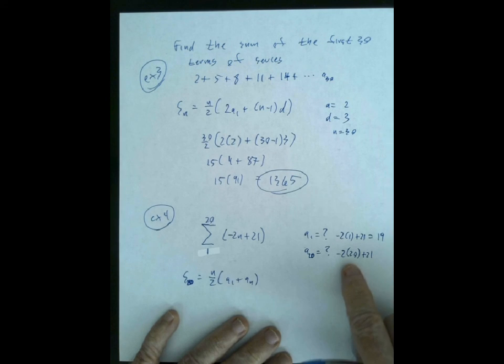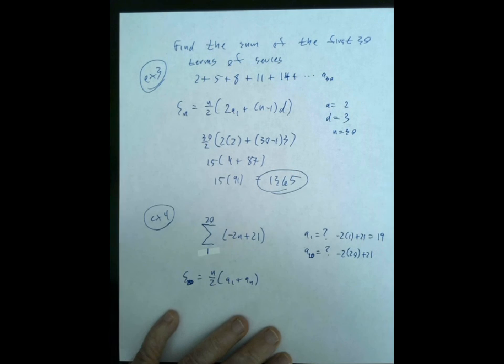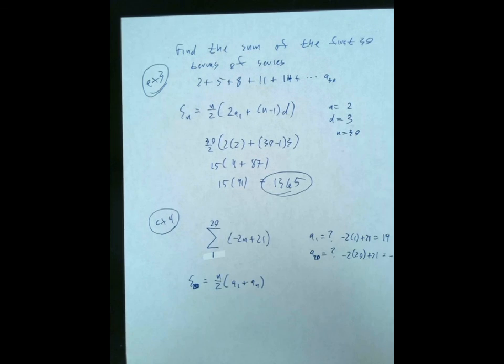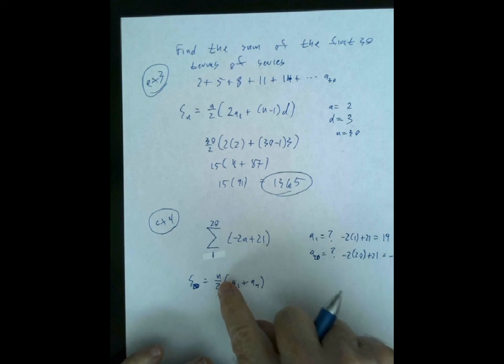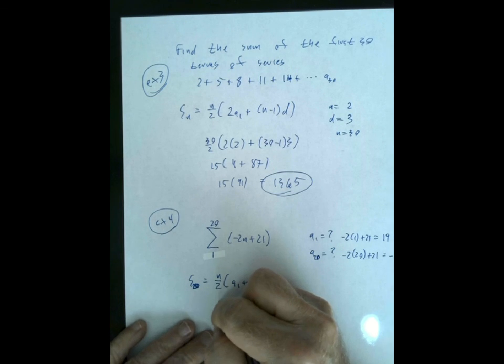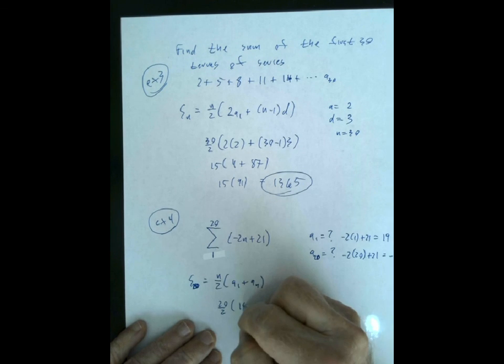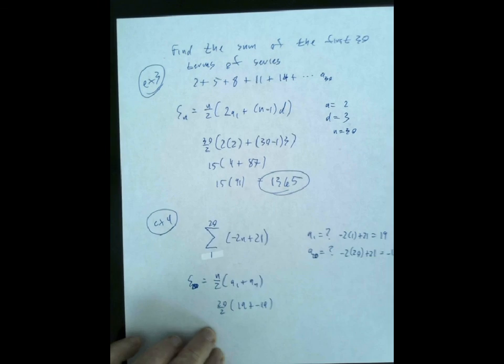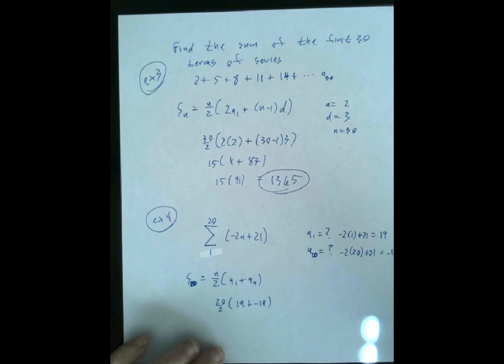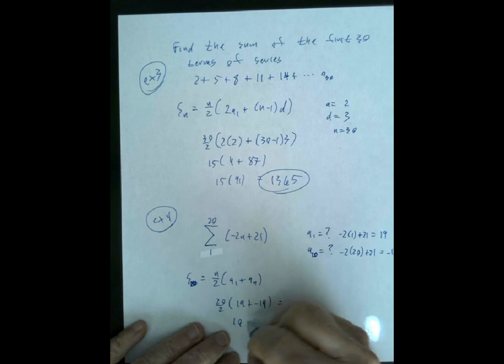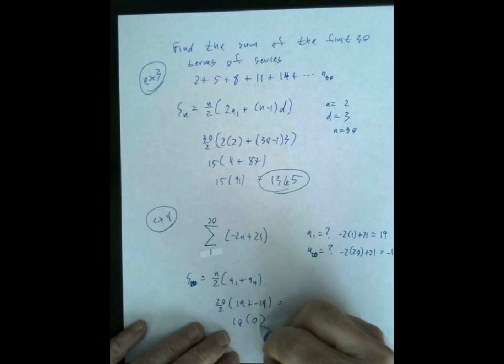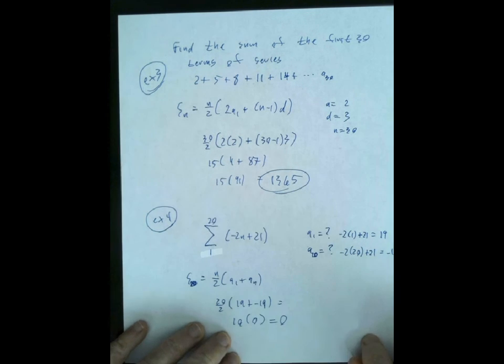So that's negative 40 plus 21, that's negative 19 as it turns out, right? So we're adding up the first 20 terms. This is 20 over 2 times 19 plus negative 19. And that's 10 times 0, since 19 plus negative 19 is 0. That's equal to 0.